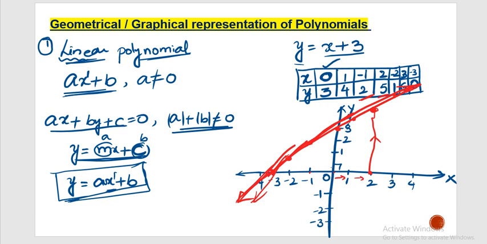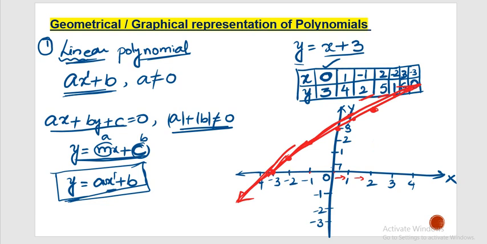Since here I am only illustrating, I am not getting the proper graph, but when you draw it on graph paper, you are going to get it in a clear way, right. Okay, so this is nothing but the graphical representation of this particular linear polynomial. So from this you can clearly observe that a linear polynomial is nothing but a straight line.